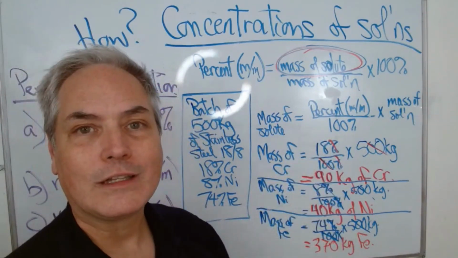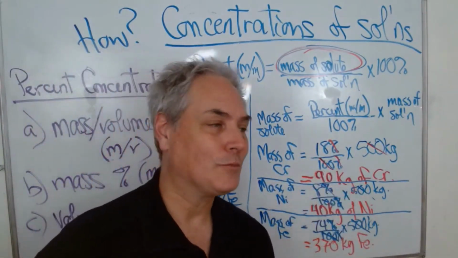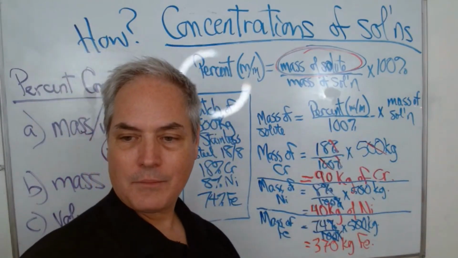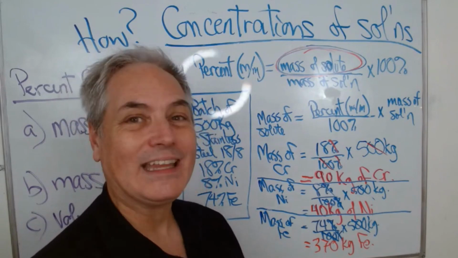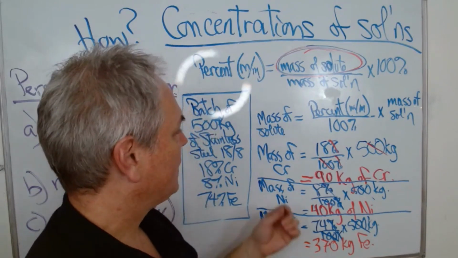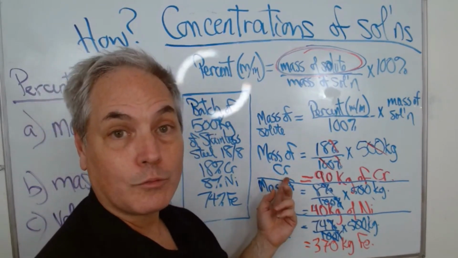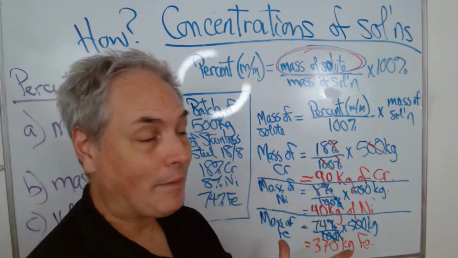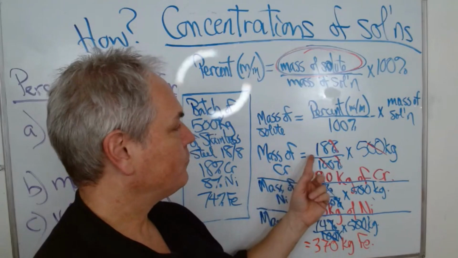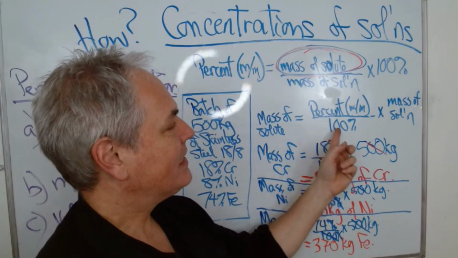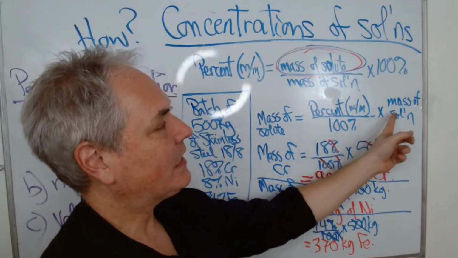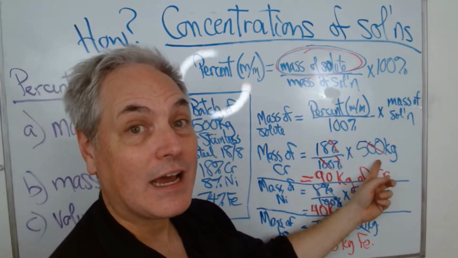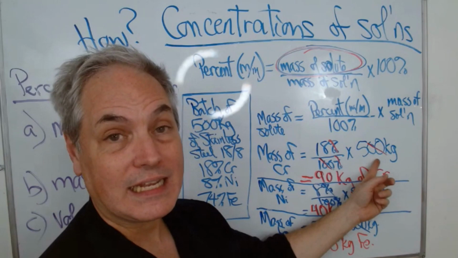So I've done all the calculations like this because I told you I thought I was recording, but let's see what my gibberish here looks like, and you'll see it's quite simple. If I'm looking for the mass of chromium, we know that it's 18% of the whole batch. That means that the mass of chromium is 18% divided by 100 times the mass of the overall solution. And this is a batch of 500 kilograms of stainless steel.